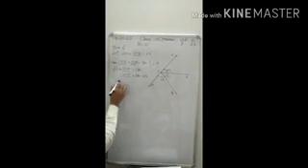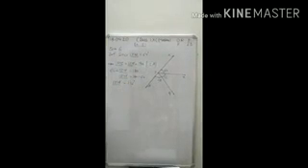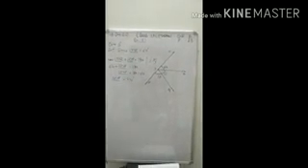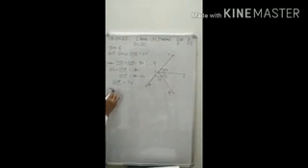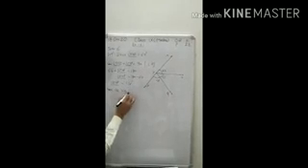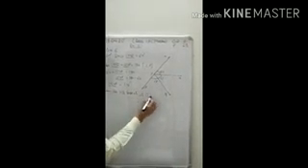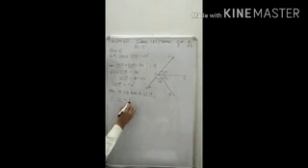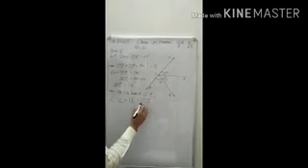So you will get angle ZYP is 116 degrees. Now as ray YQ bisects angle ZYP, angle 1 is equal to angle 2, which is equal to angle ZYP by 2.